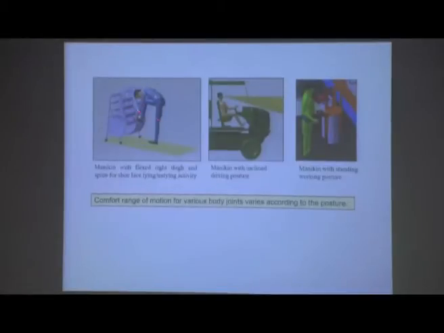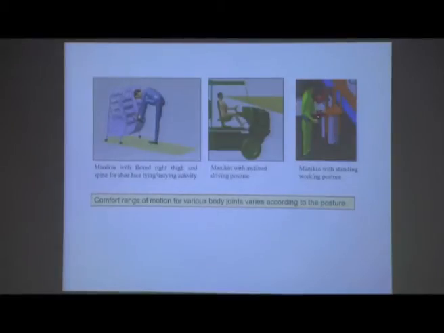So here a few examples are given. While someone is doing some activity, like this mannequin is tying a shoelace, this type of forward bending posture is there, and he is standing on one leg and the other leg is placed at this place. Similarly, in this case it is a driving posture while the driver is driving. So these postures are completely different.